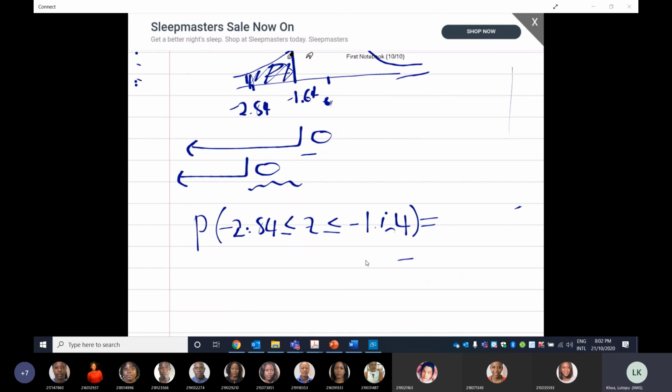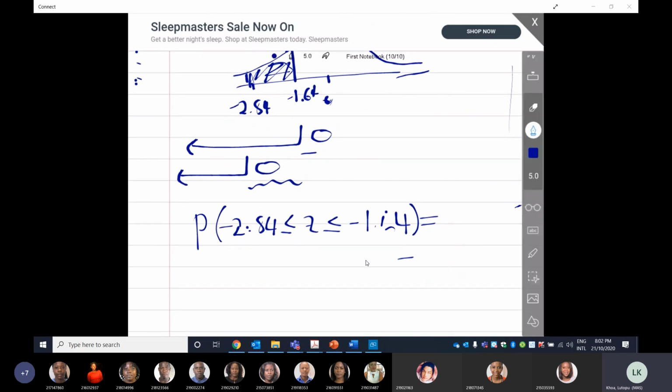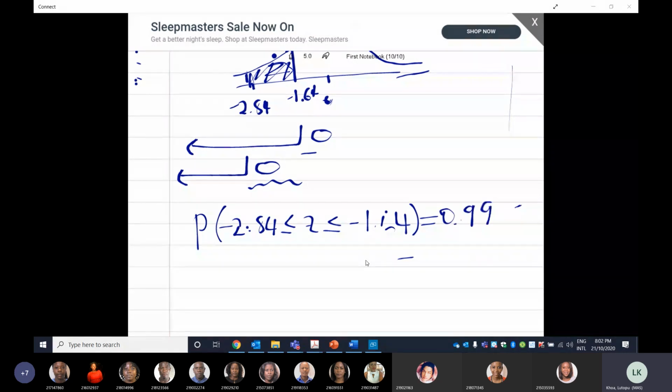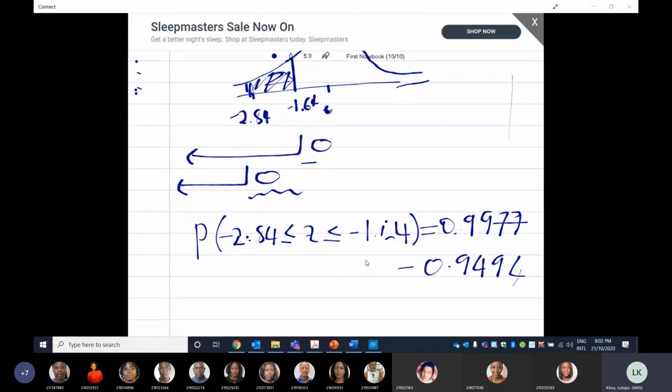Write the bigger one first: 0.9977 minus 0.9494. Then this you just do on your calculator.